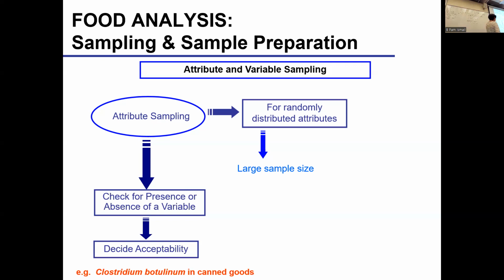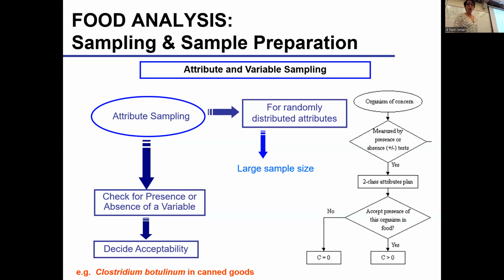And here's an example of Clostridium botulinum in canned foods. Basically, an organism or a component of concern that we don't want, we measure it. Is it present? Is it absent? Positive or negative test. Allergen, for example.